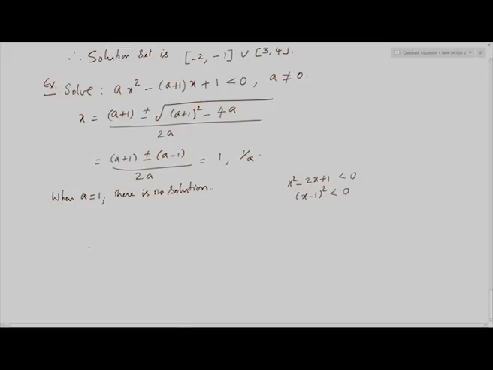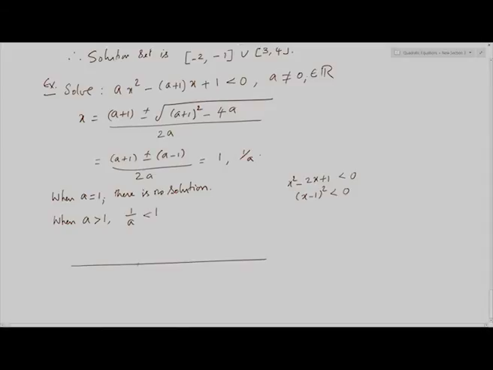Now, let us take the other case. It is given that a is a non-zero real number. When a is greater than 1, obviously 1 by a is less than 1, and a is not equal to 0, remember. Let me use the sign graph for convenience.